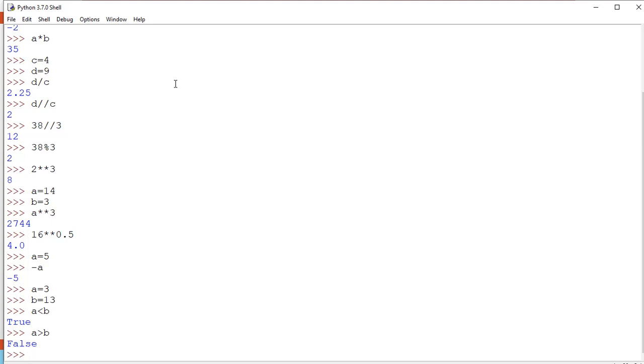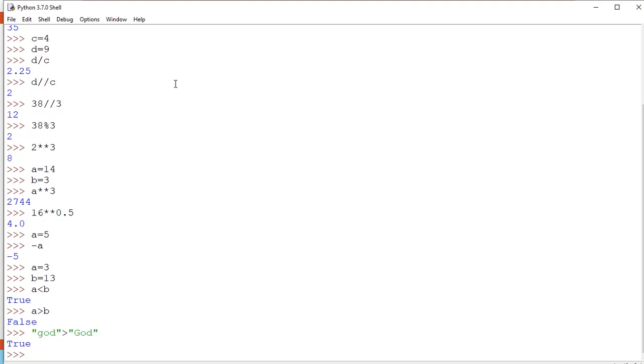Now by using these relational operators you can compare strings also. For example, if you write small god in quotes, and compare it with capital G O D, let's see what the answer is.